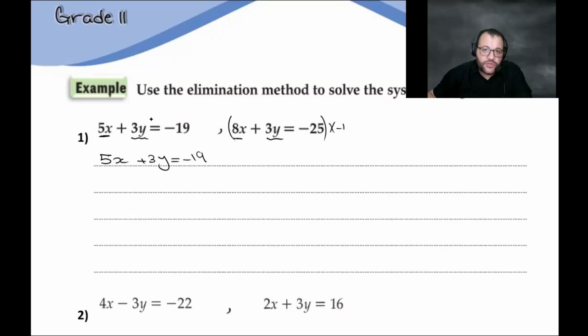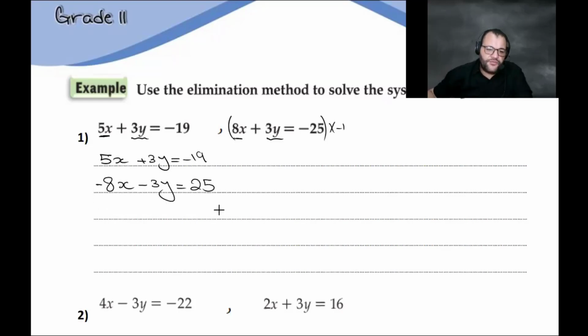What if I change the first one? The answer will be right. It doesn't matter whether you change the first one or the second one. So by changing the second one, it will be negative 8x minus 3y equals 25.